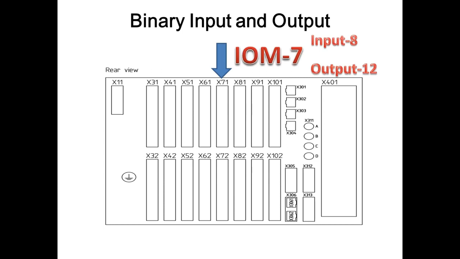Here I am showing one example, X71. If the X71 card contains 8 binary inputs and the X72 card contains 12 outputs, then this card will appear in the application as an IOM, input output module, and the corresponding extension number will be added, that is X71, so IOM 7.